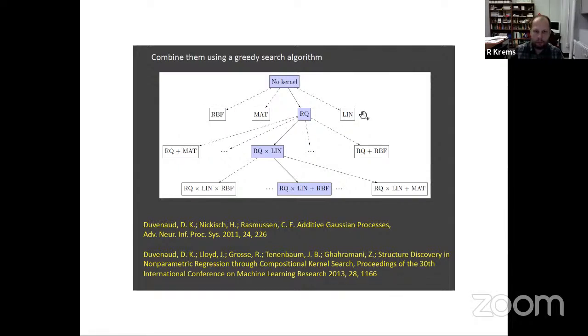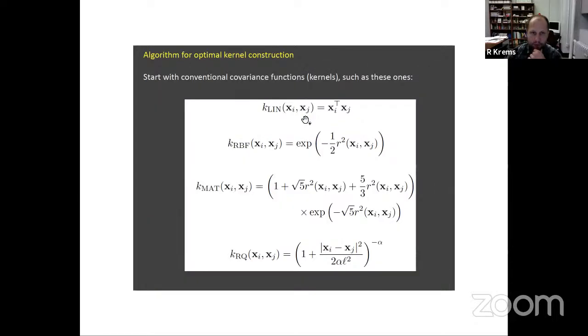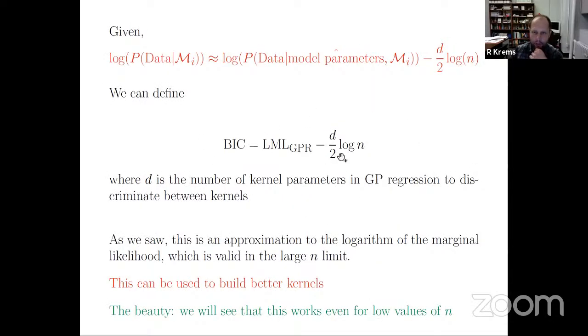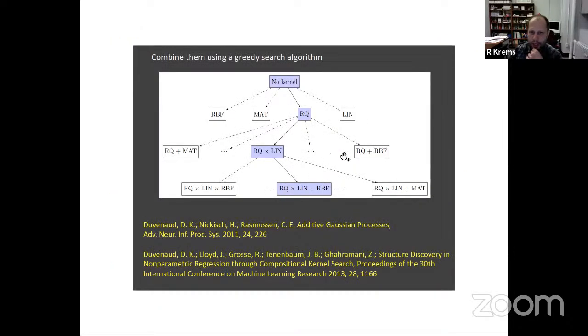I'm going to build 4 Gaussian process models with these kernels, and select the one that has the highest value of BIC as defined by this equation here. The one with the highest value of BIC, which is the one highlighted here, for example, becomes my base kernel. Then I'm going to take this kernel, multiply it by all of these other kernels, and form linear combinations of this one with all of these other kernels. By doing this, I'm going to get 8 new kernels, right?